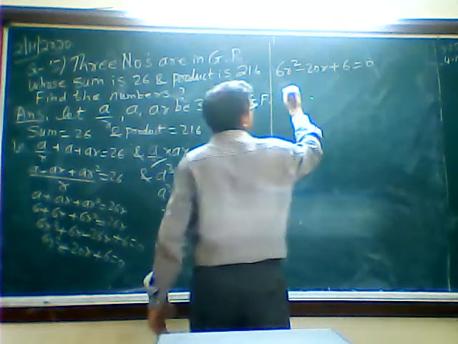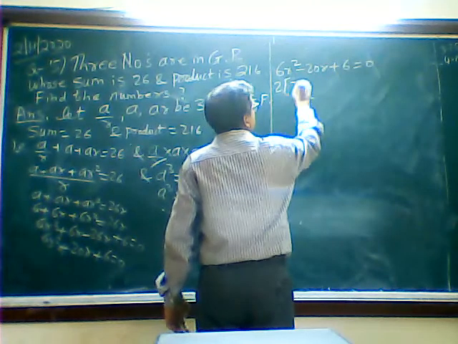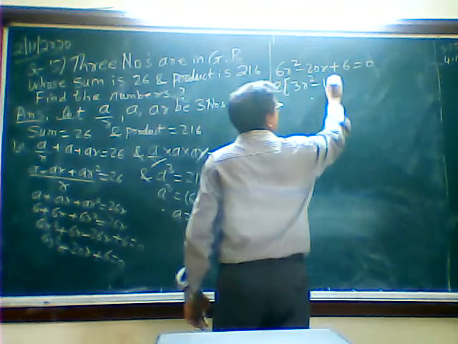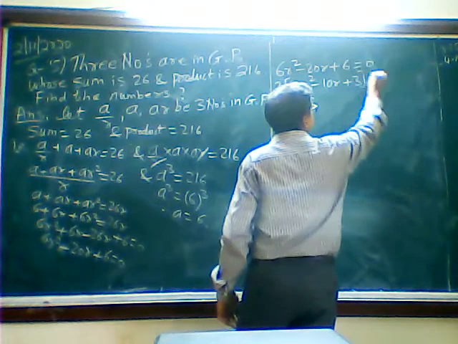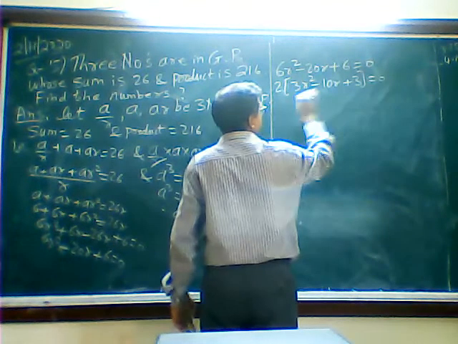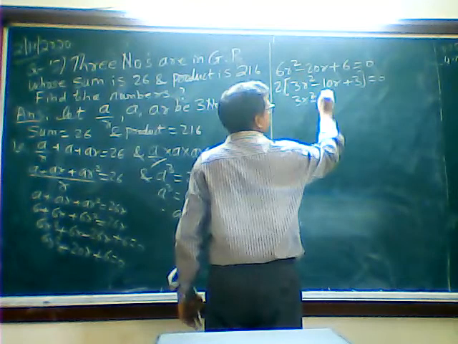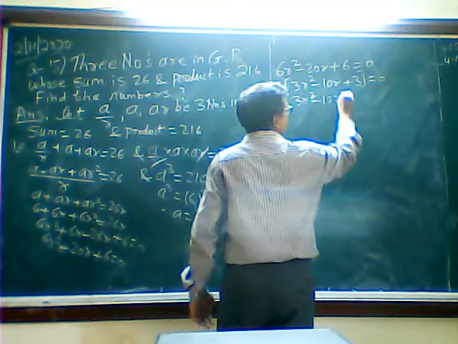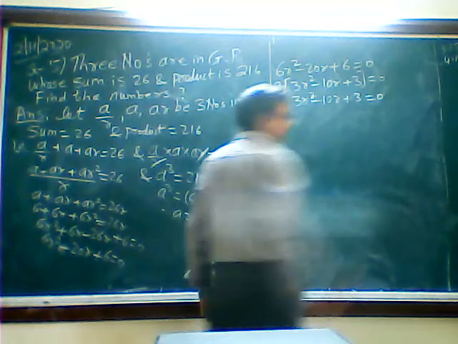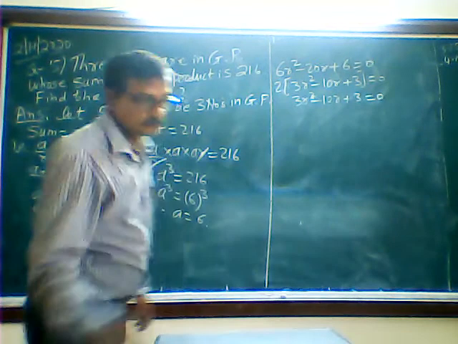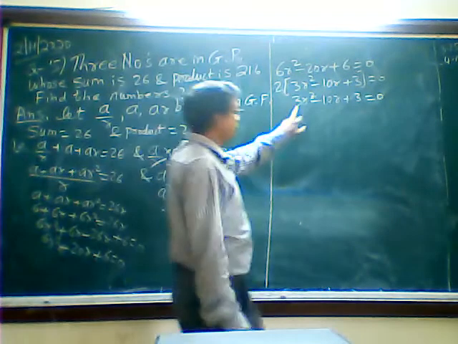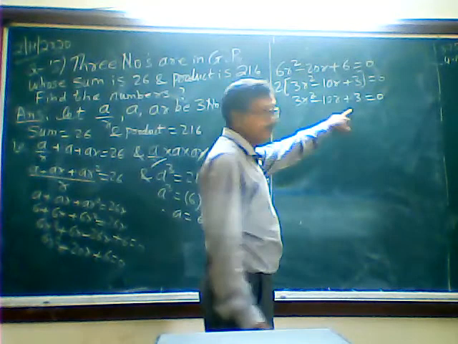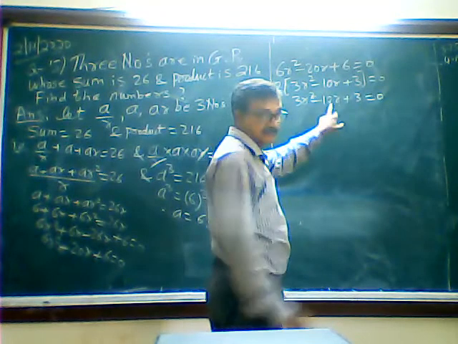I will take 2 common here. 2 threes are 6, 2 tens are 20, 2 threes are 6. So 2 will go to 0. 3R square minus 10R plus 3 is equal to 0. Now here the product is 3 into 3, 9R square. In between, minus 10R is there.